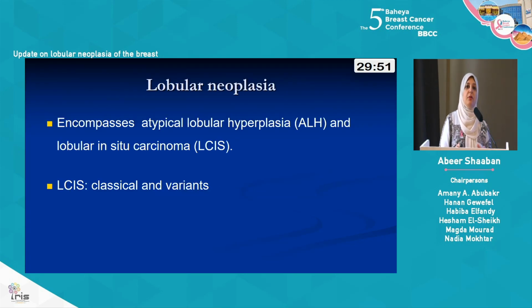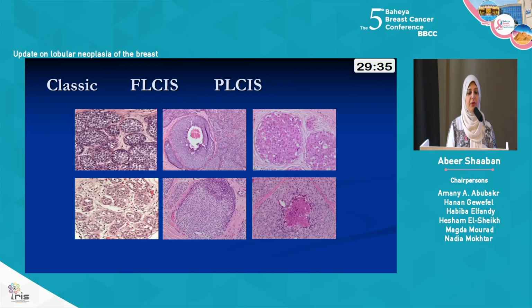So when we say lobular neoplasia, we mean a range of changes from atypical lobular hyperplasia, or ALH, to lobular carcinoma in situ. And LCIS can also be divided into classical LCIS and other variants.